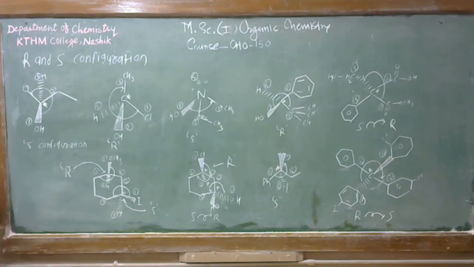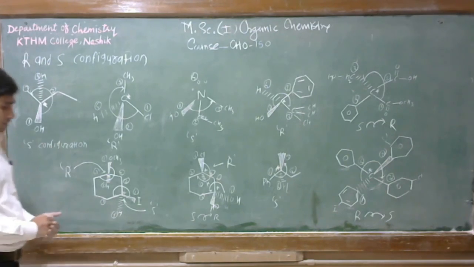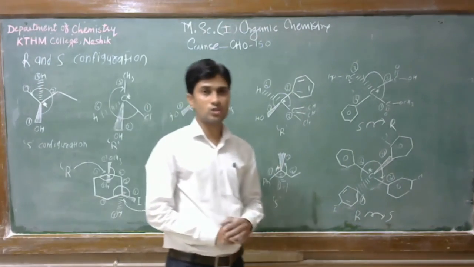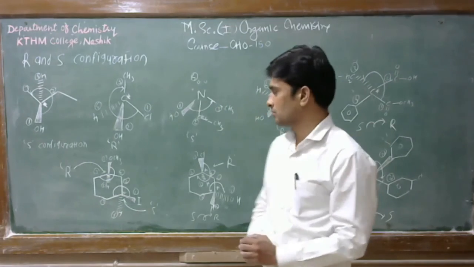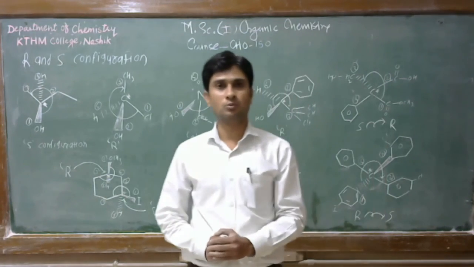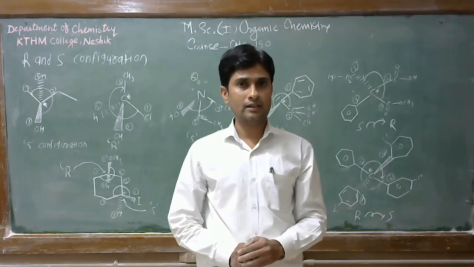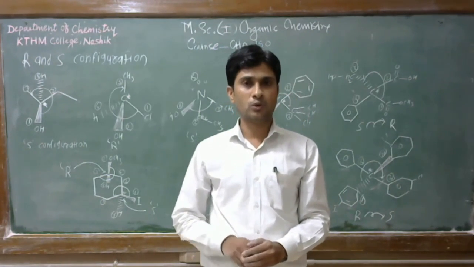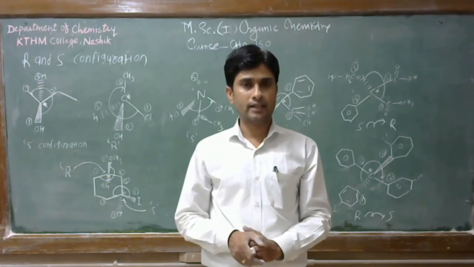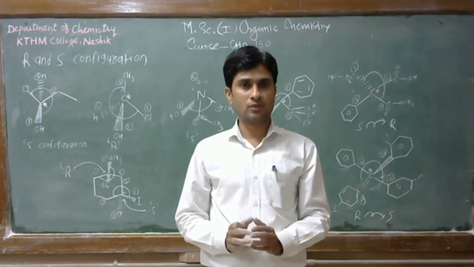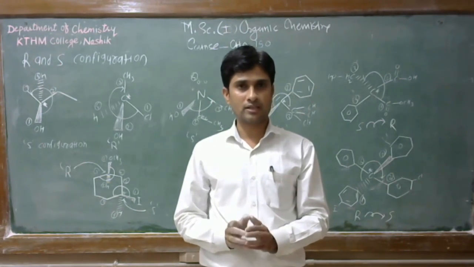So in such a way, this is how to determine the R and S configuration. Firstly we have to remember all the rules of the Cahn-Ingold-Prelog system, and then give the priority to the 4 different groups. Then observe so that the least priority group is towards the back side, and then we give the sequence first priority to second, second to third.